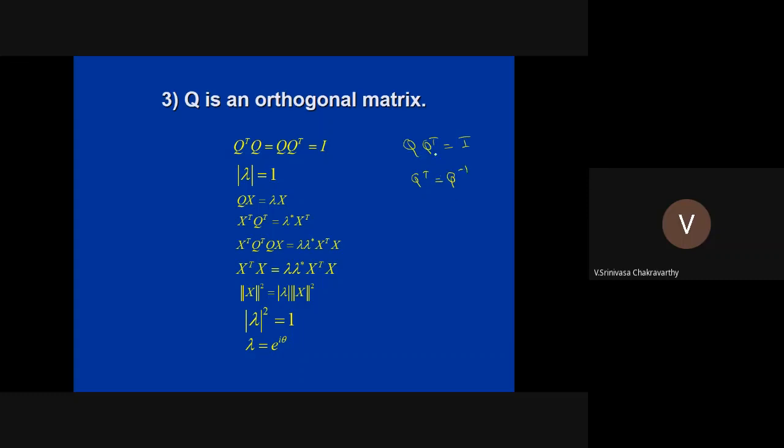Because only when you multiply a matrix and its inverse do you get the identity matrix I. So therefore, when you do transpose, you get the inverse. So that is the orthogonal matrix.